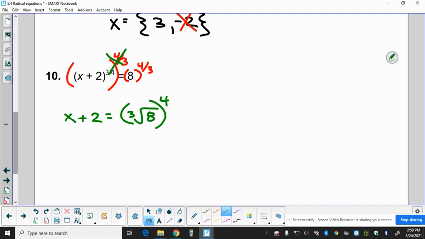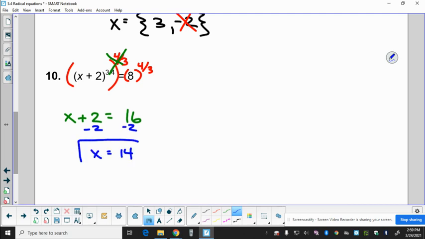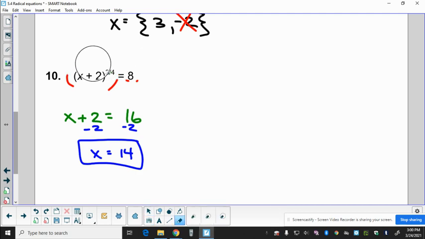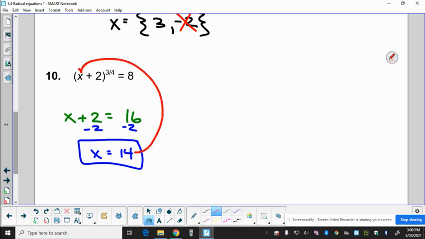That'd be 16, wouldn't it? Solve. Okay, check that. Does that work? Let's go back up to the original. Put a 14 right there. Yes, that does work.